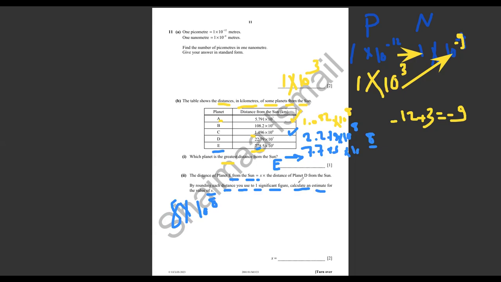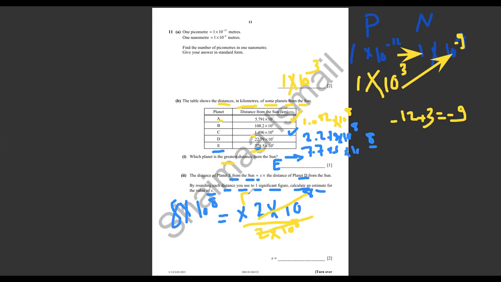This is equal to x multiplied by the distance of planet D, and planet D we can say is 2 times 10 to the power 8. So by dividing both sides, just to get the value of x, we have to divide both sides by 2 times 10 to the power 8, to remove this and remain with x.